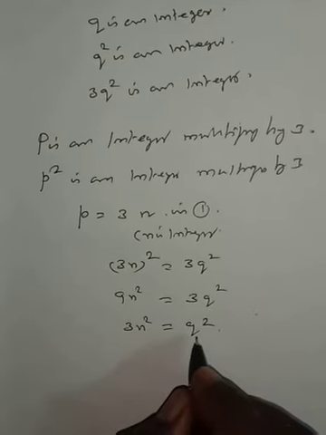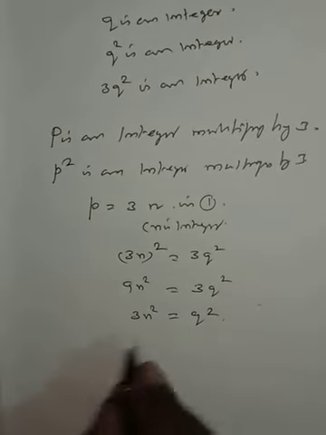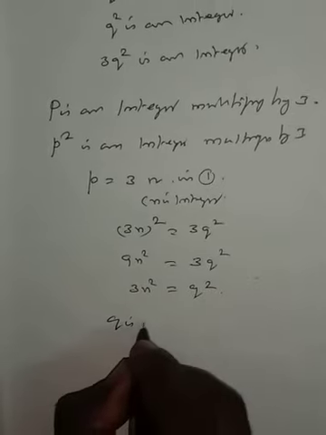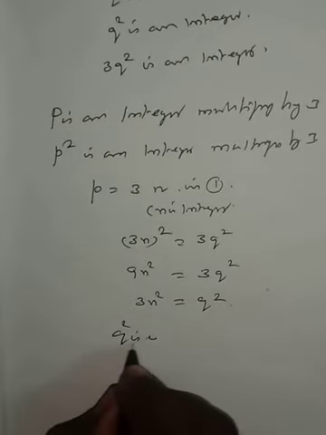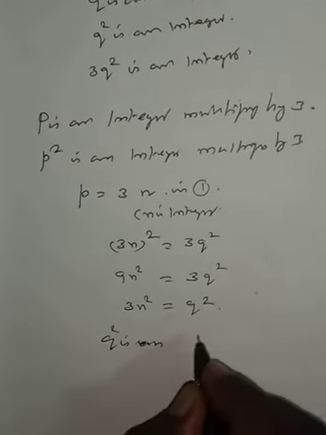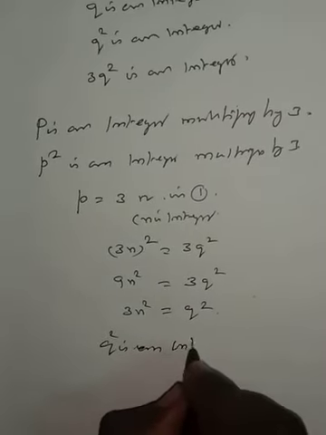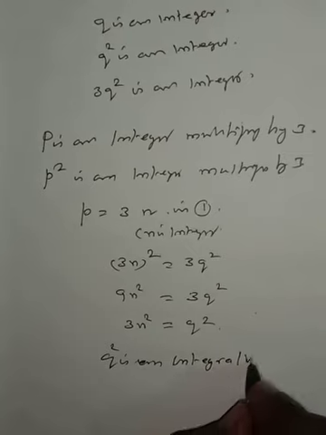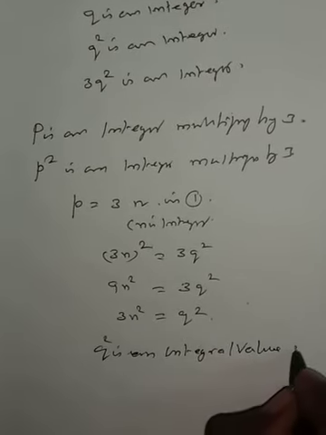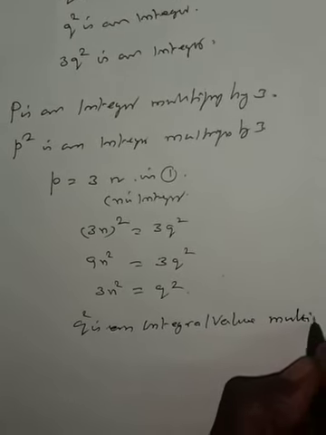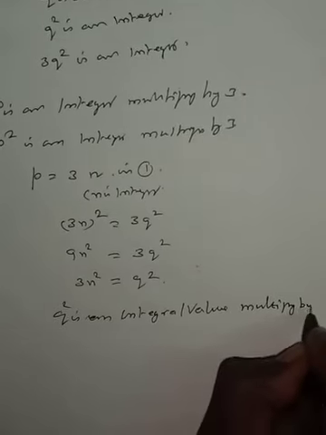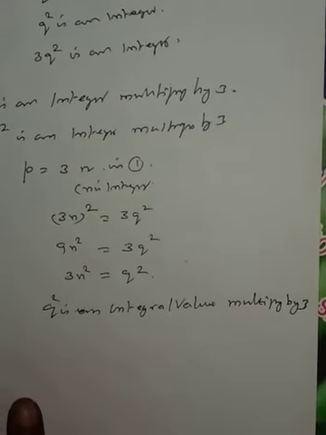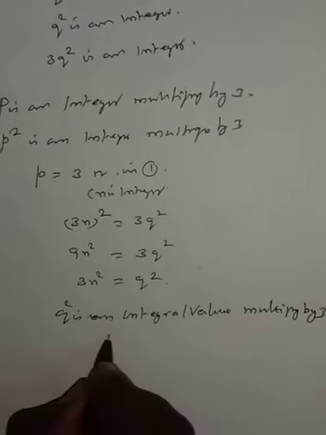Q square is an integral value multiplied by 3. So this is a contradiction.